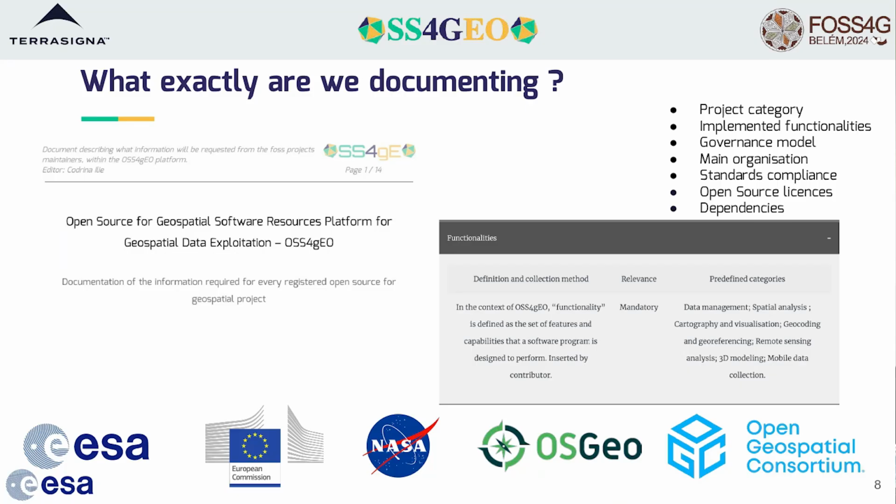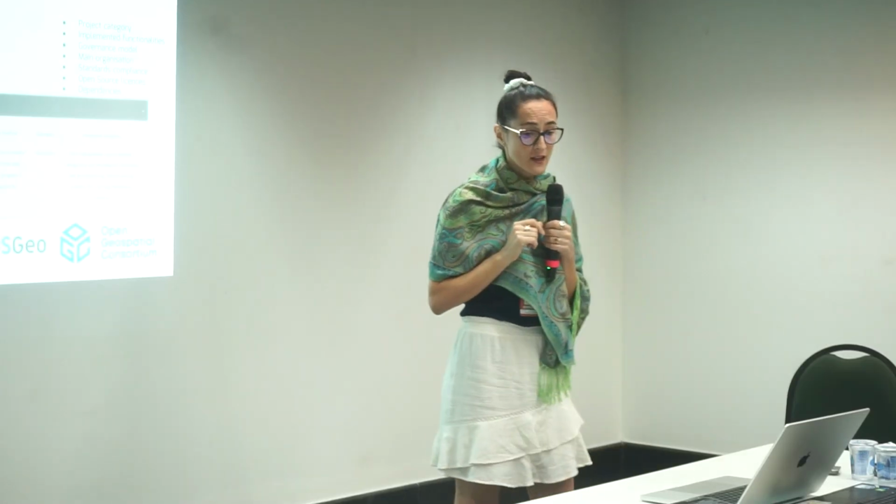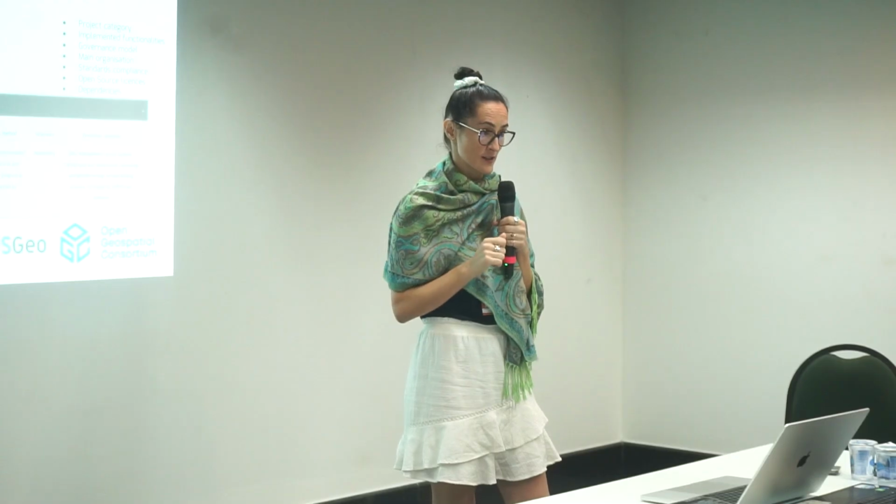So what exactly are we documenting? As I said at the beginning, it was quite simplistic. We were looking at the main programming language, what type of project it was, what kind of solution, what kind of software. We are also trying to look at the dependencies, interdependencies between projects.